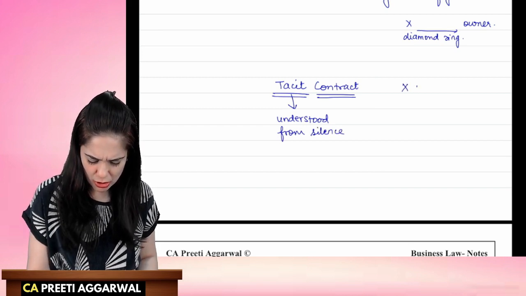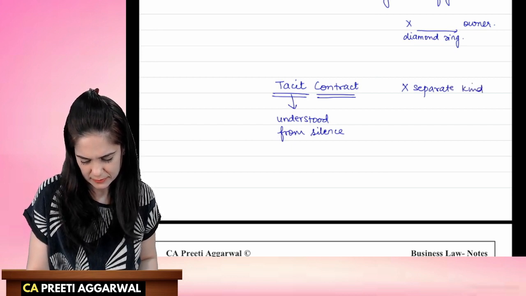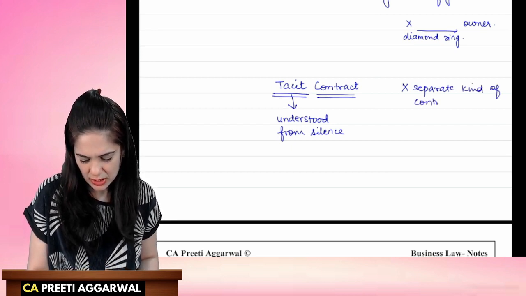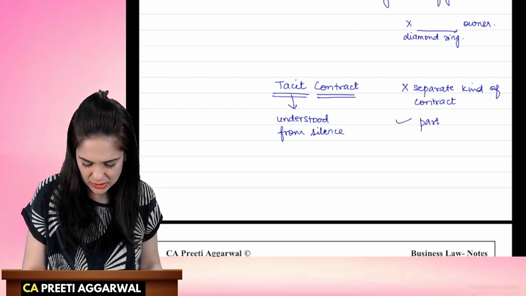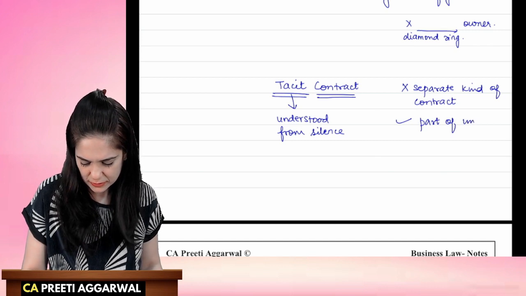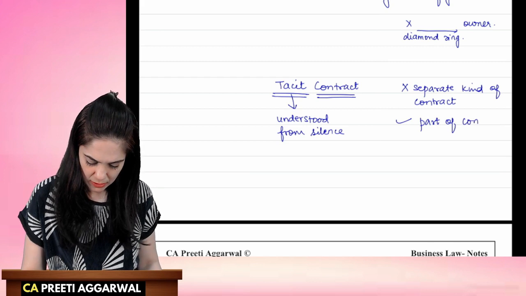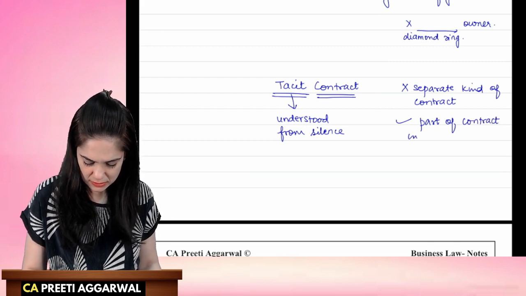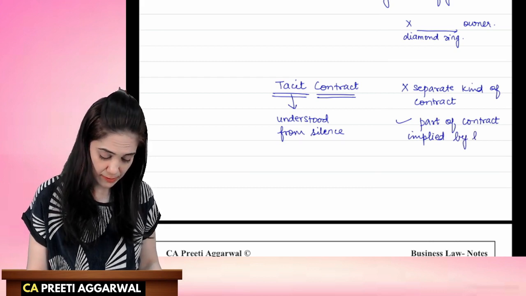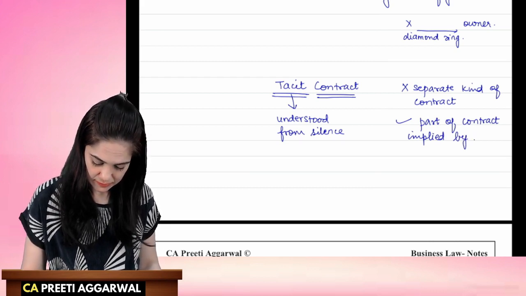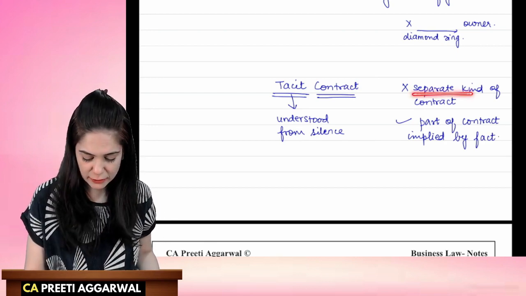Tacit contract is not a separate kind of contract. It is a part of contract implied by law, implied by fact. So this is not a separate kind of contract.